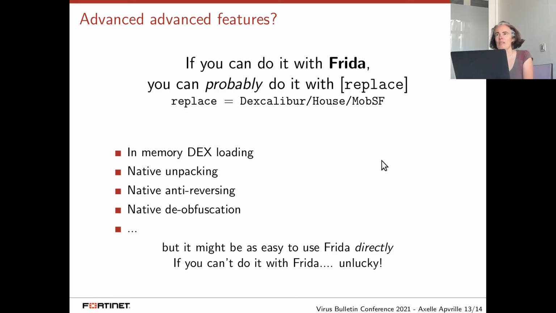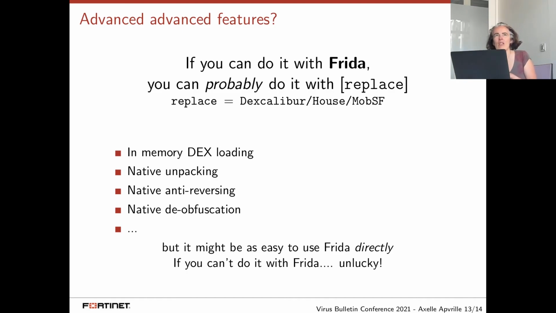Now, if you want even more advanced features, well, basically, if you are able to do it with a Frida hook, you can probably do it with Dexcalibur, House, or MobSF. But if you can't do it with a Frida hook, well, too bad, you won't be able to use the tools.